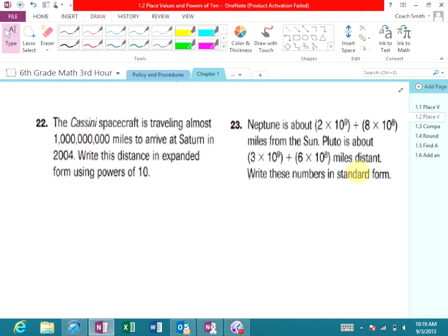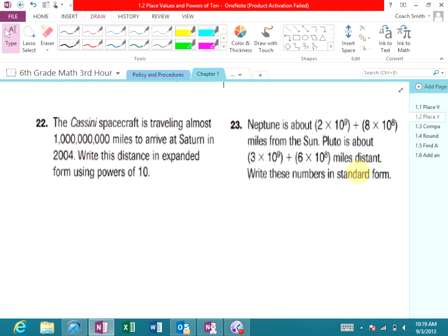Okay? So if I want to write 1 billion in expanded form with powers of 10, what am I going to do? Who can help me there? All the rest of the information you really don't need. Whether it's 2004 or 2013, it doesn't matter. Okay? What do you think, Zach?